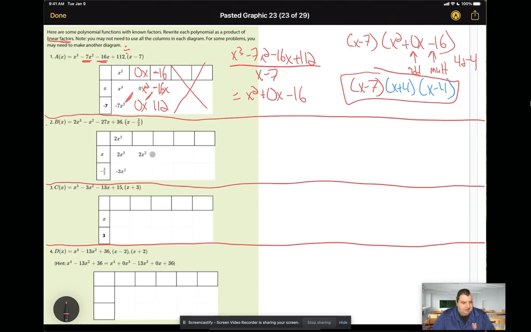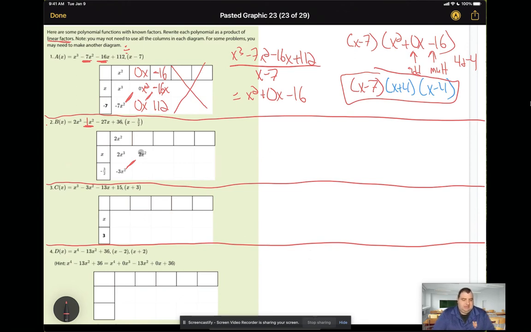Now, where did this 2x squared come from? Well, if I look at the next term and ask myself, what do I need to add to negative 3x squared to get to negative 1x squared? Of course, I need to add positive 2x squared. Negative 3 plus 2x squared is equal to negative 1x squared. So that's where that comes from.